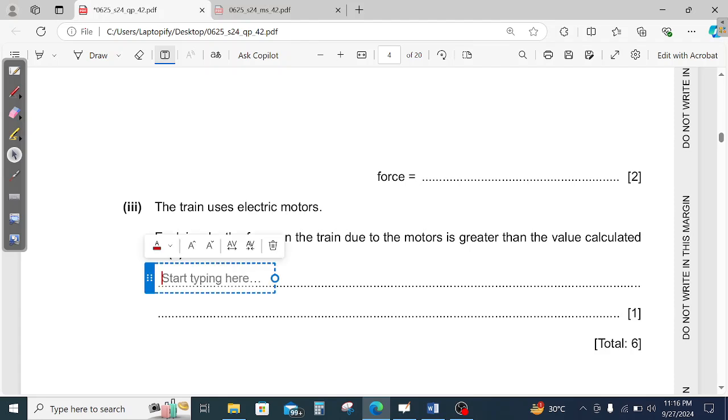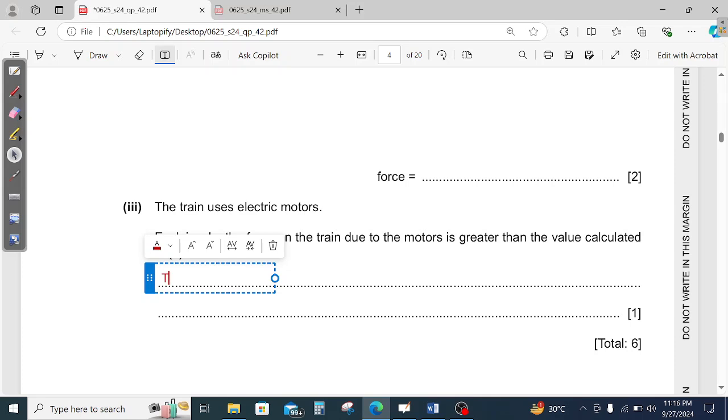The reason is that when the speed or velocity of the train increases, air resistance also acts on the train. As speed increases, the effect of air resistance also increases. That is why the electric motor requires more force to maintain its acceleration.